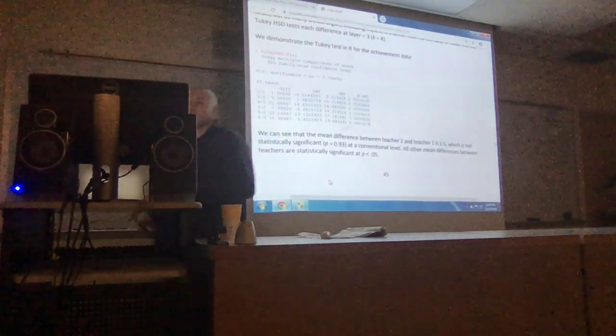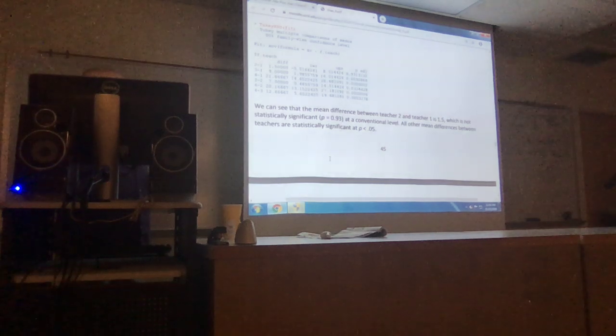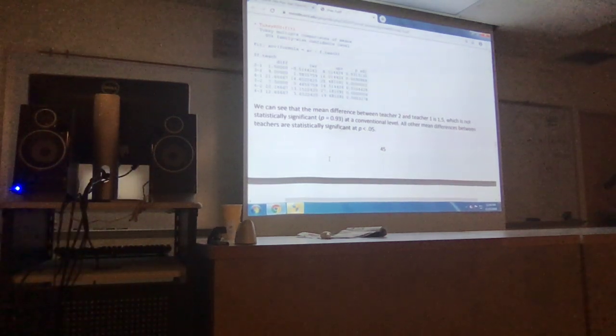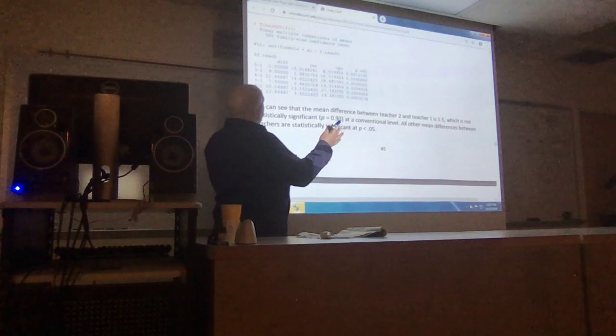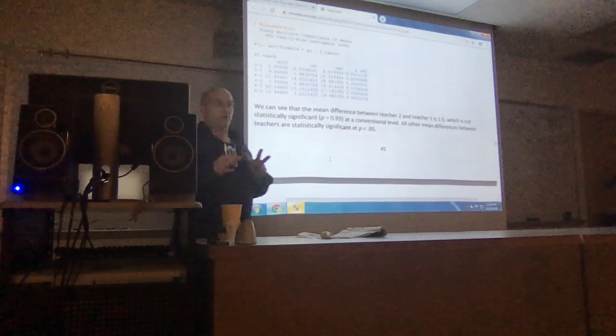So we look at our Tukey results, and we say, well, there's differences everywhere except for 2 versus 1. That one has a pretty high p-value, but the rest looks like we have some pretty good certainty that there's some differences happening pairwise. So here's the question. If I take this and I say, instead of the Tukey, I'm going to apply an even harder test.